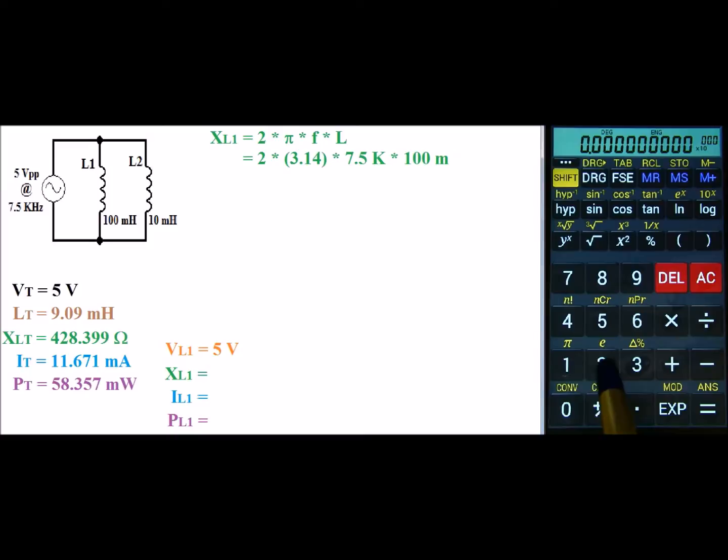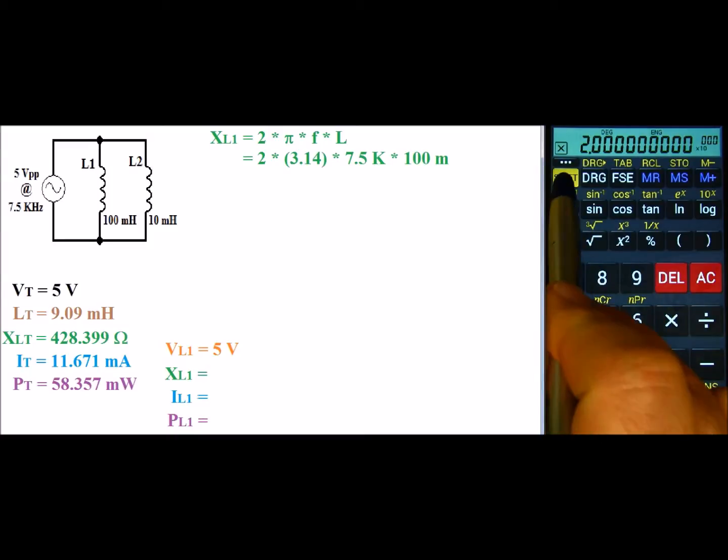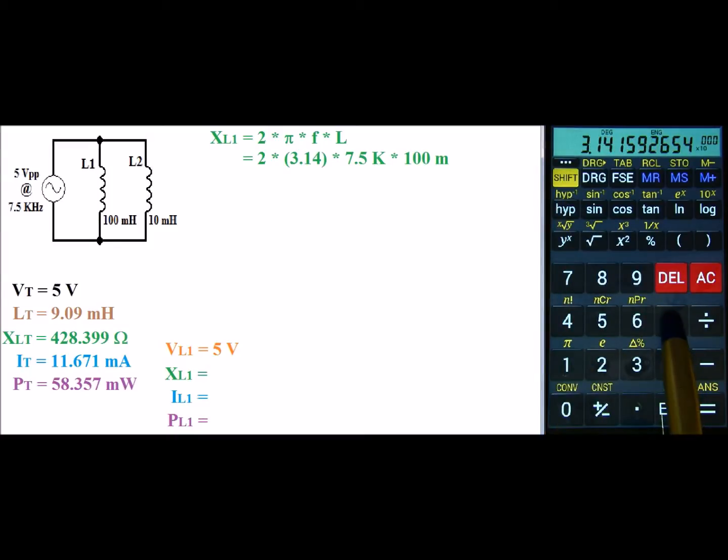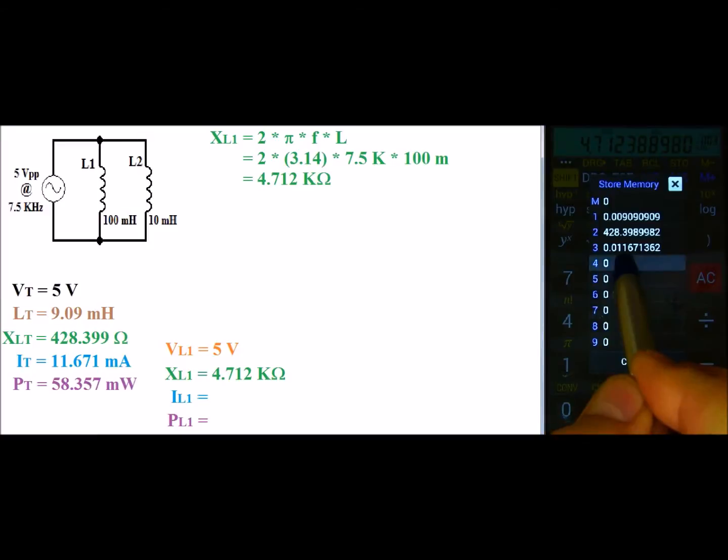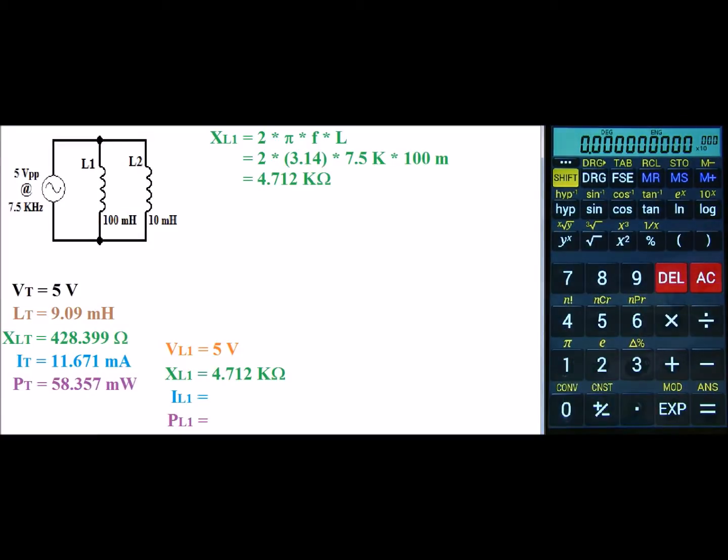So we have 2 times pi times 7.5 exponent 3 for K times 100 exponent negative 3, which is our milli. And we get a resistance of 4.712 K. Store that value. Next we have current.